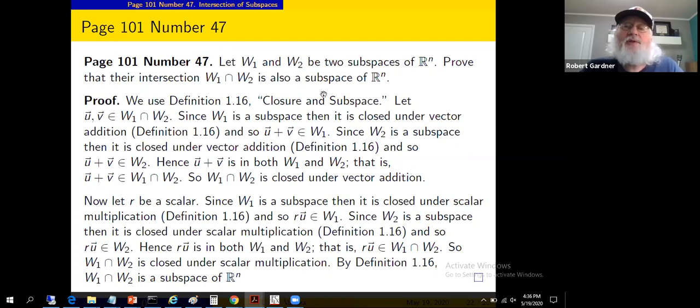So intersections of subspaces are subspaces in the setting of Rn. This is true in other settings as well, but our only setting so far is Rn and subspaces of Rn. What if you change this to union? Do that with W1 union W2? Maybe that's number 48. No, that ain't true. More of that later, but a union of two subspaces is not a subspace.